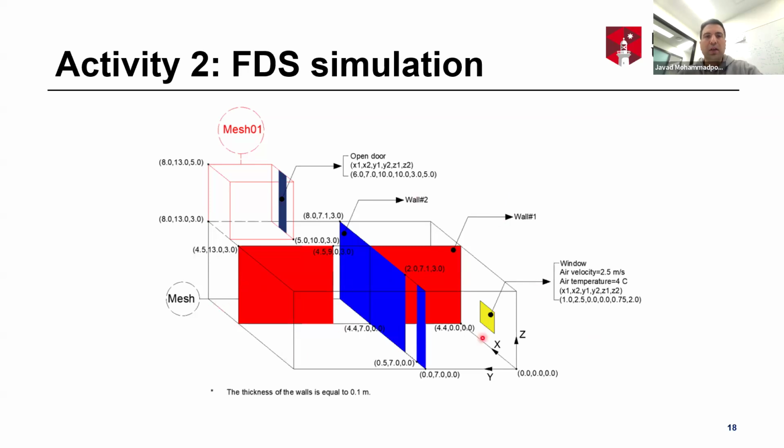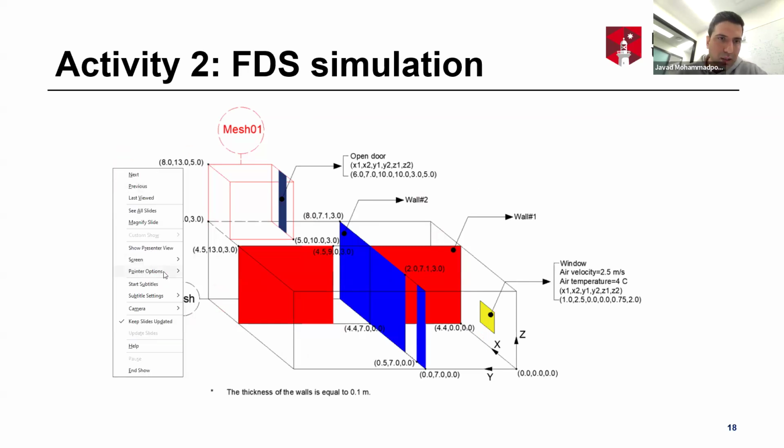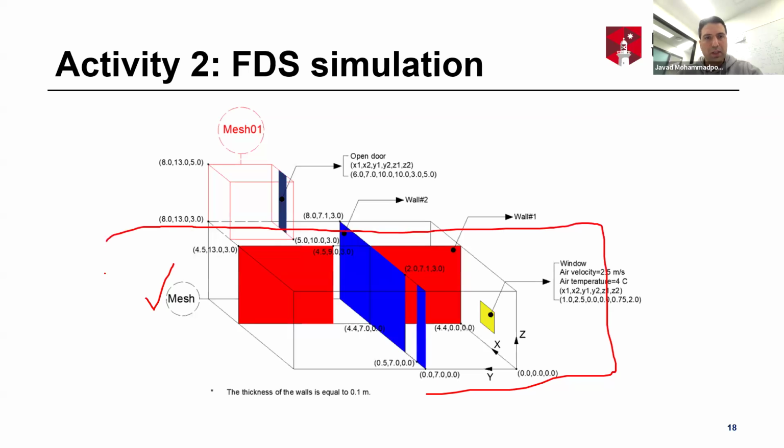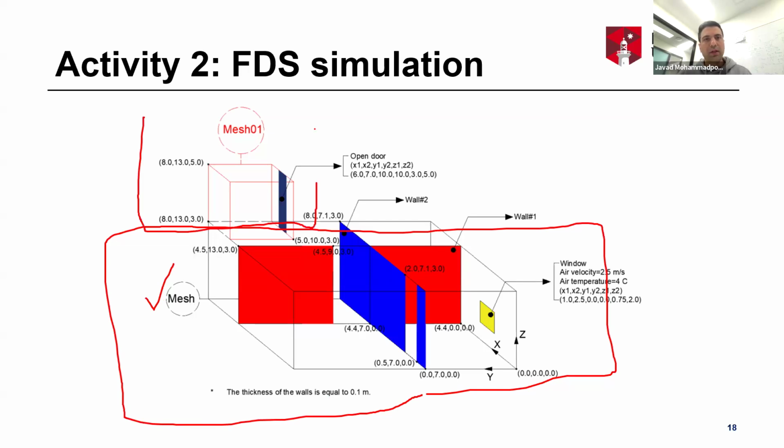I consider the downstairs as a mesh. Let me write something here, point and pen. I named the downstairs, this black part, as a mesh with its ID. And I also specified the upstairs as mesh O1, the red one.